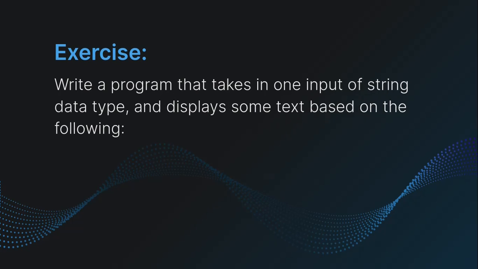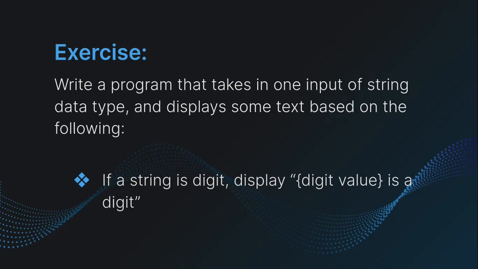Cool. So this is an exercise, right? So this exercise, it says that write a program that takes in one input of string data type and displays some text based on the following. Cool. If a string is a digit, you display that value.